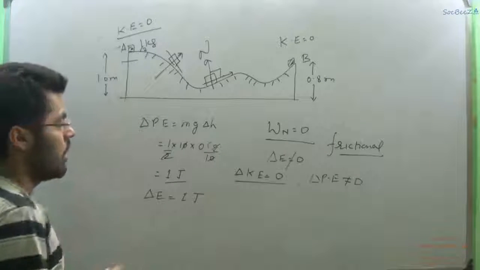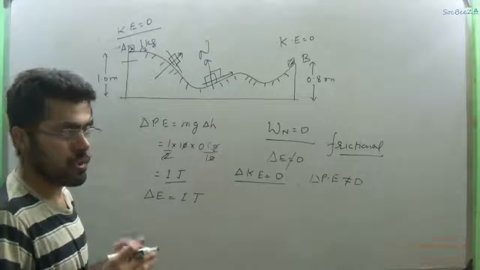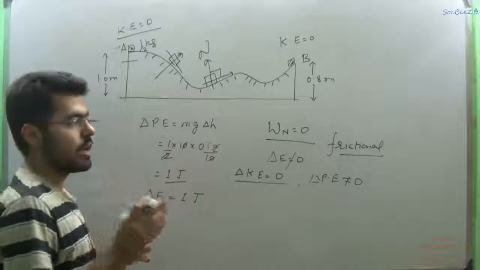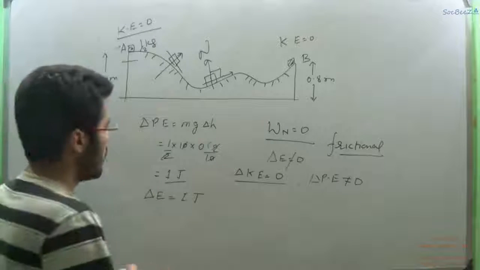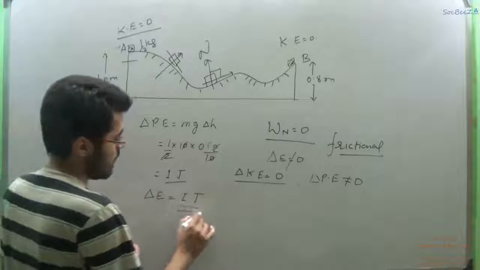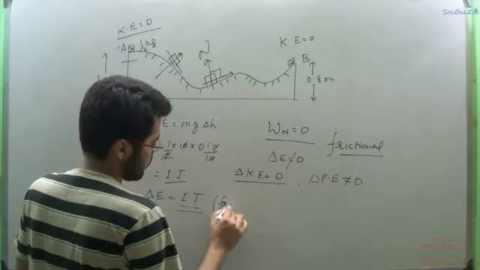And what does it mean? By the work energy theorem, the change in total energy of the system is equal to the work done by the external force. And work done by normal is 0. So it means this is the work done by the frictional force.